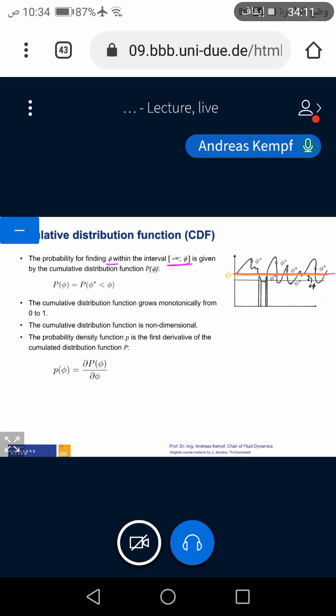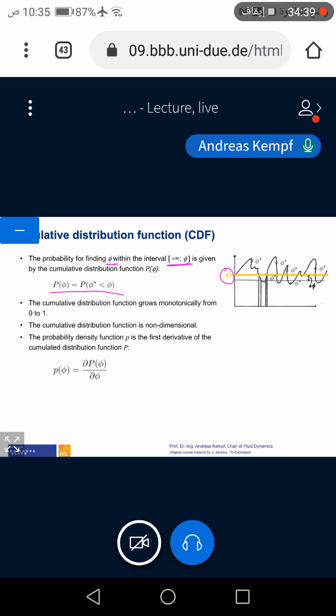This is given by the cumulative distribution function CDF, which we refer to as uppercase P. So P is the probability to find a value of phi star that is smaller than phi, where this here is phi star.